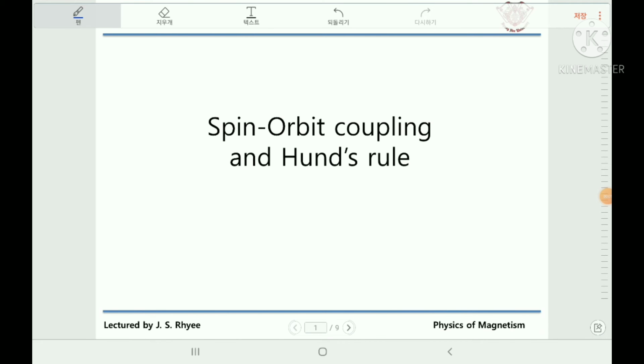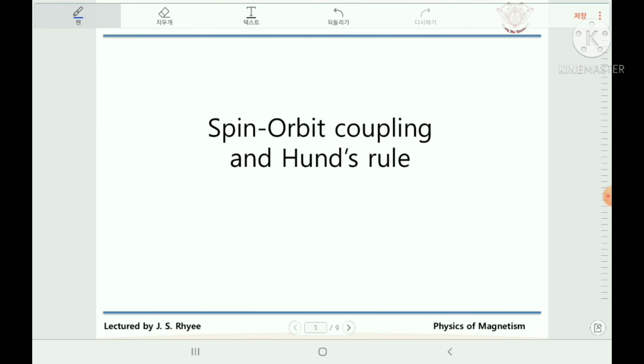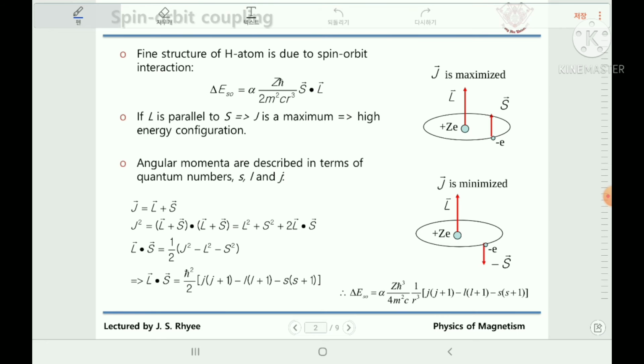Here I will describe spin-orbit coupling and Hund's rule. We calculated the spin-orbit coupling, which can be written down like this, and this is the interaction energy between the angular momentum and the spin of the electron. Actually, this is a nuclear frame, with the nucleus in the center of the atom and the electron moving around.